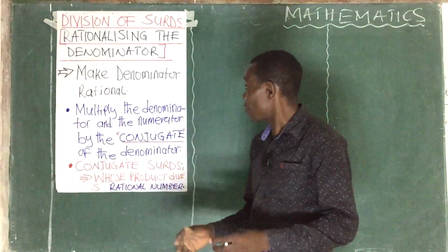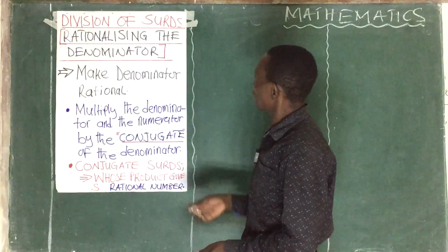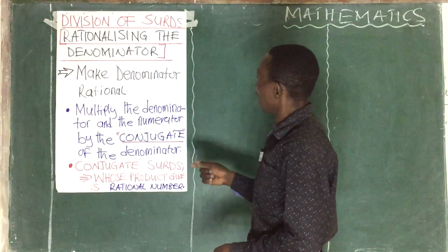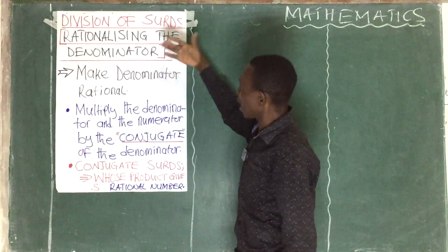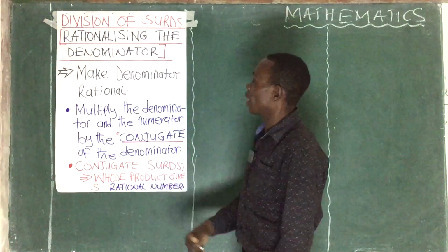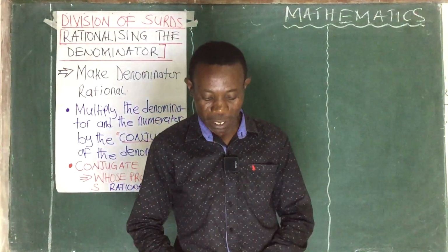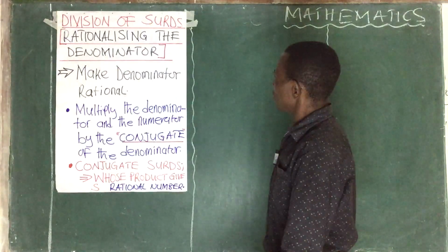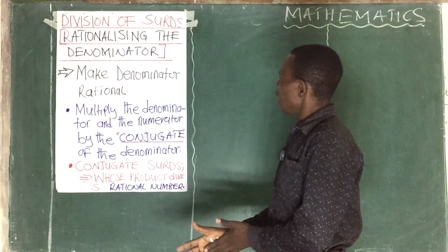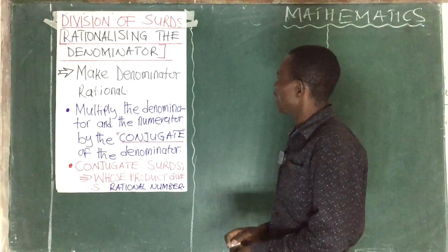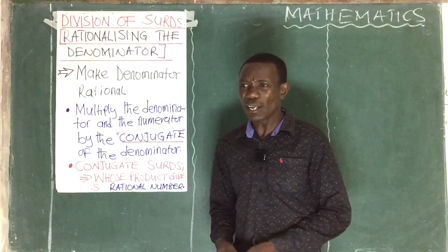It's just one section. Today we will be discussing the division of surds, but the target will be looking at how we can rationalize the denominators. But first, let me say something on what it means to rationalize the denominator.